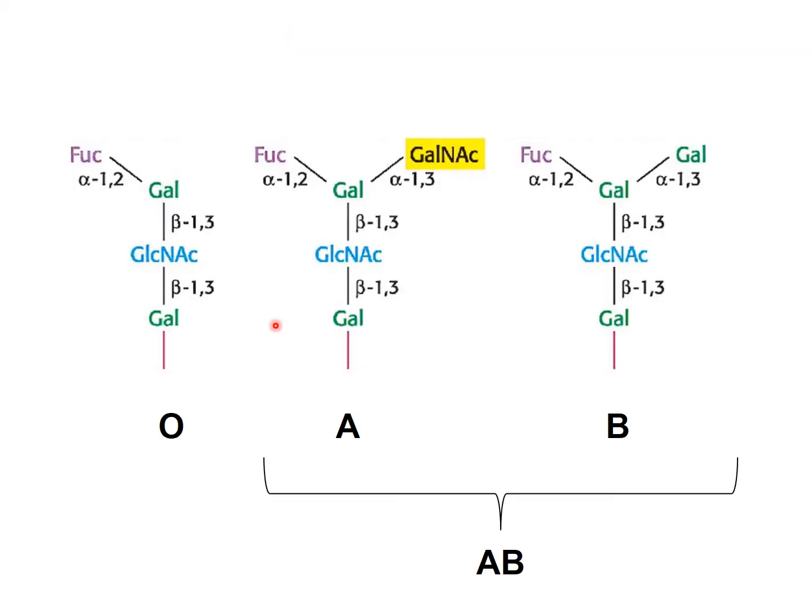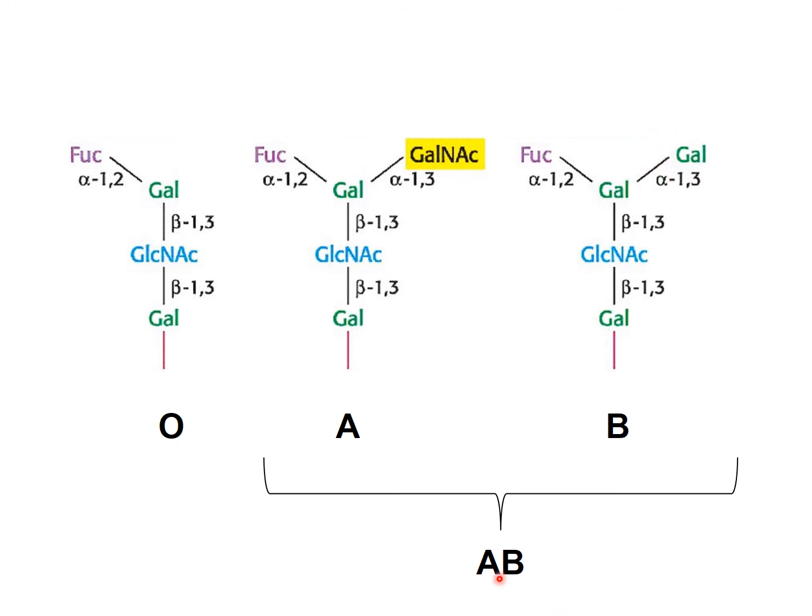Let's look at this. We've got the different carbohydrates. Those are shorthand names for them. They're basically long polysaccharides, which are actually attached to a protein on the surface of the cell, right? So these are blood cells. You can see that the O type has this right here, but then A has this additional part attached to it, and then B has a different additional part attached to it.